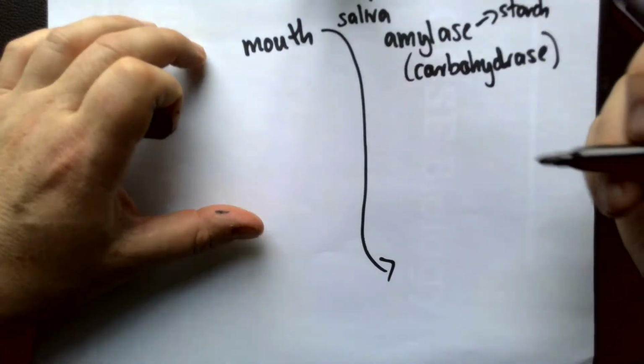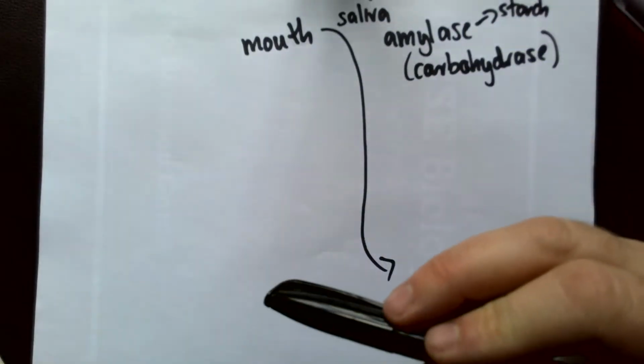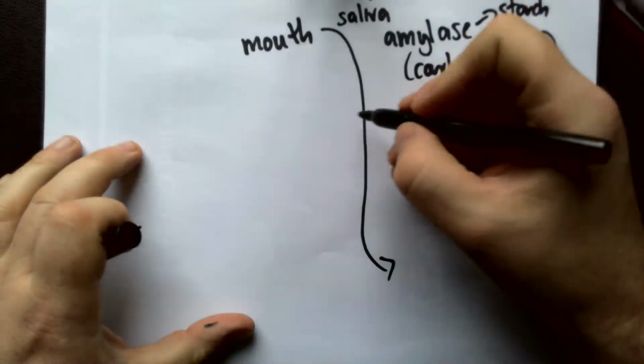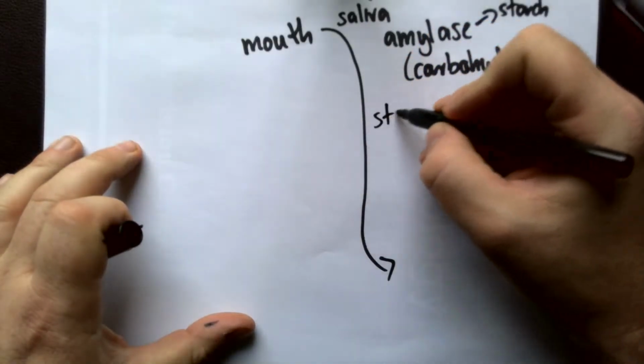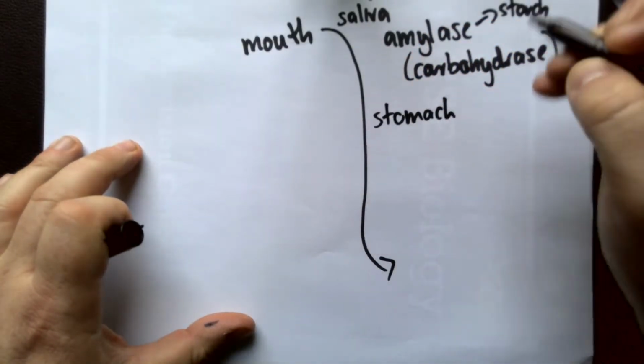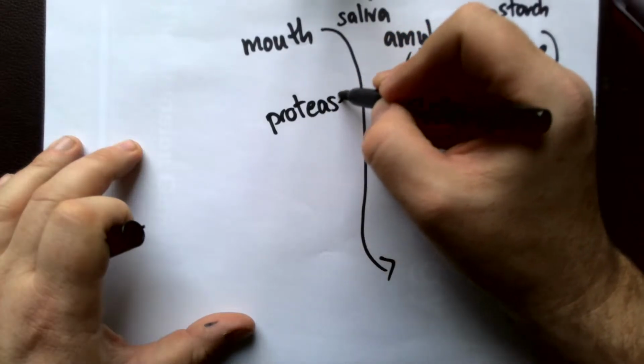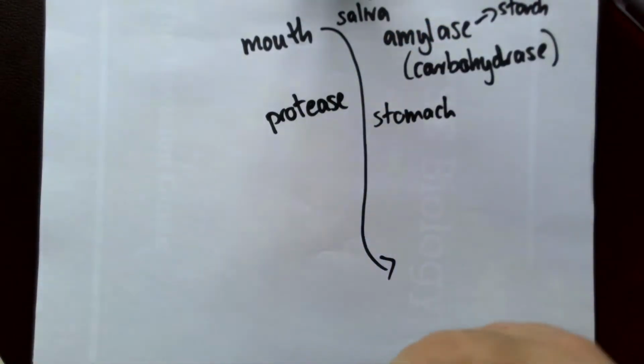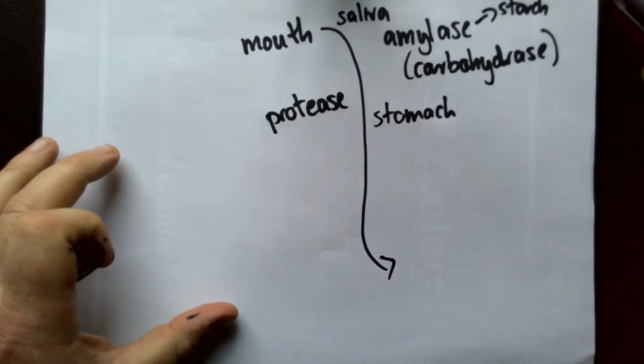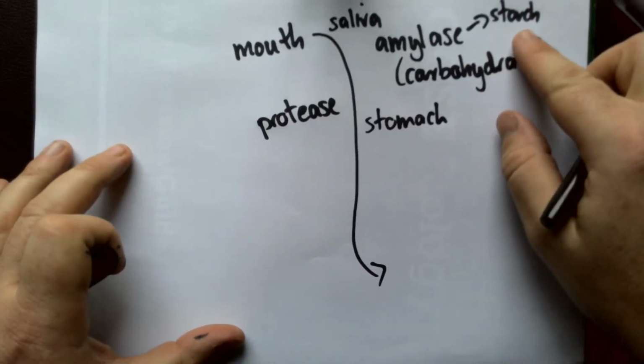Along the way, we've got other organs. We've got the stomach, and in the stomach we've got a protease. And protease is to break down proteins. Let's just go back up here for a minute.